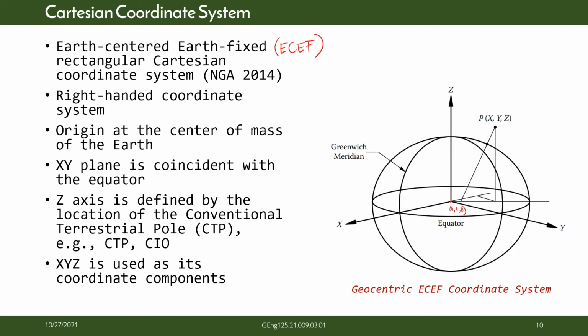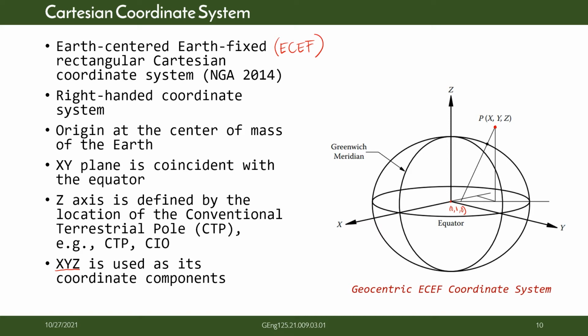So to define the position of a point in this system, XYZ is used as its coordinate components. As shown here, it has its coordinates XYZ.